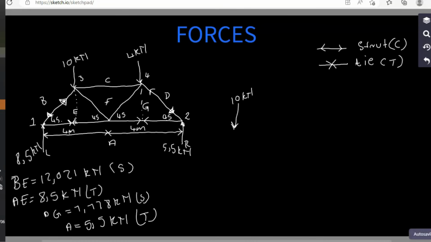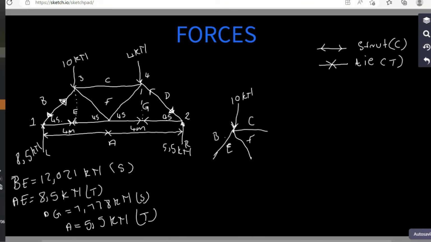And here we are having this member, which is PE. We're also having this member, and this member is B, E, F, and C. So PE we already have the magnitude and the direction.